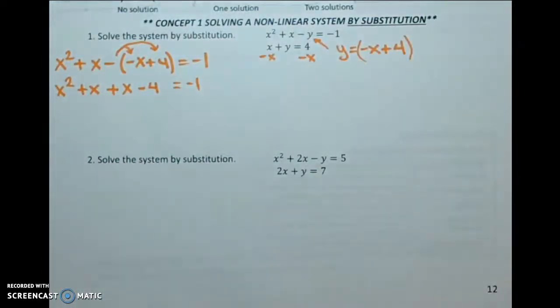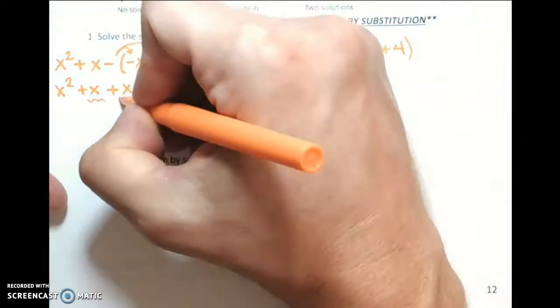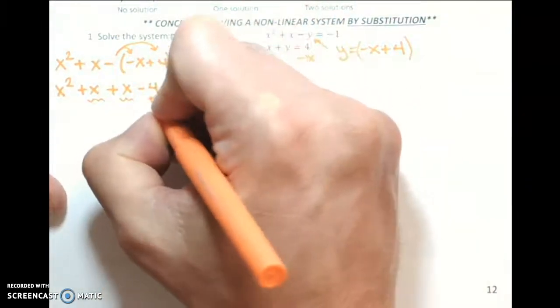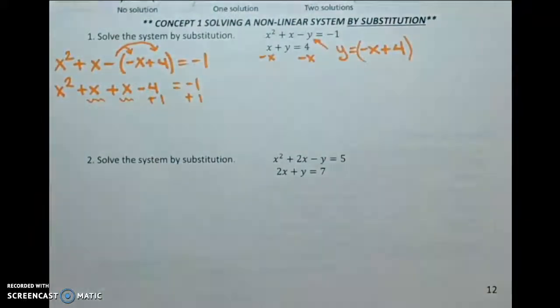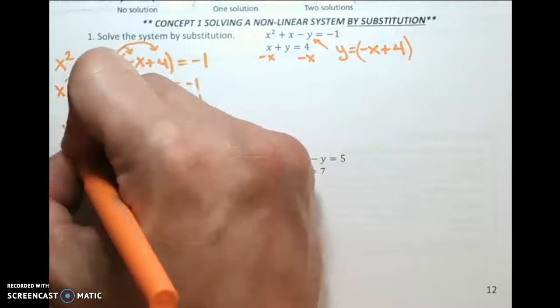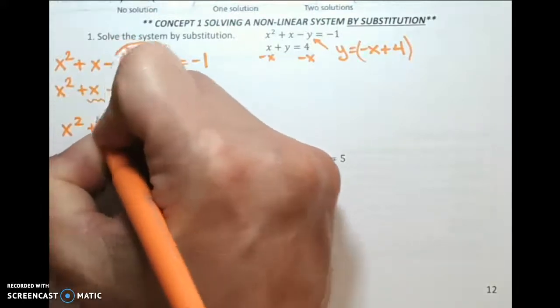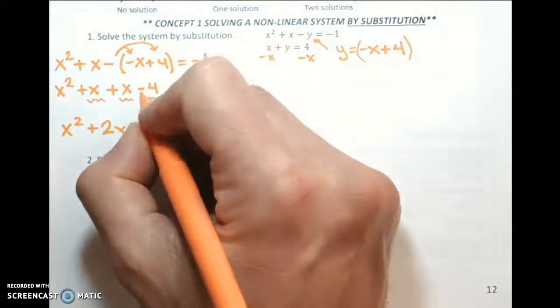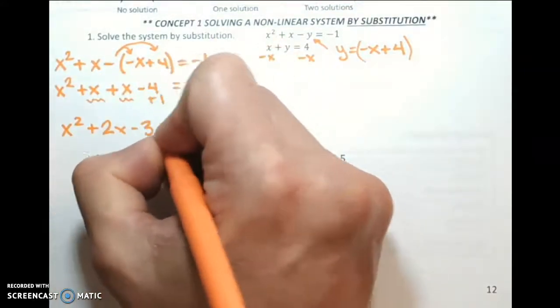Perfect. What I'm going to do is combine my like terms right here, and then I want to get 0 on one side, so I'm going to add 1 to both sides of the equation. Okay, next, x squared plus x times x plus x is 2x, and then negative 4 plus 1 is negative 3 equals 0.